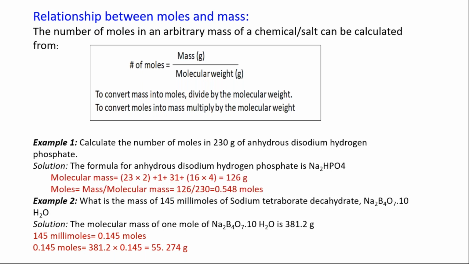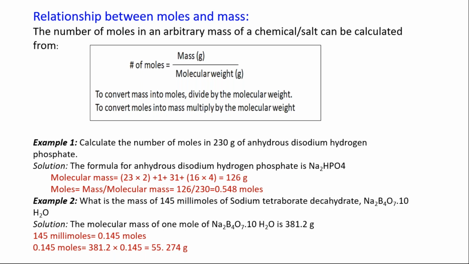So the molecular mass of Na2HPO4 is given by 23 into 2 plus 1 plus 31 plus 16 into 4, or it is 126 grams. So the moles is equal to mass divided by the molecular mass.